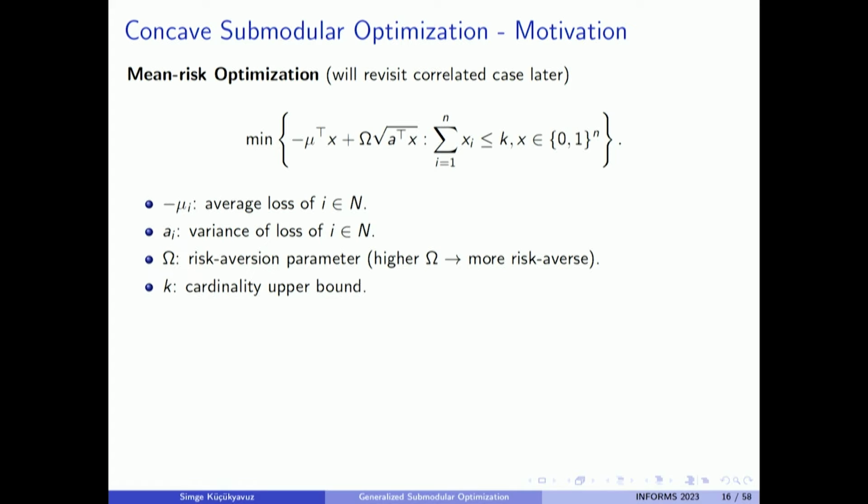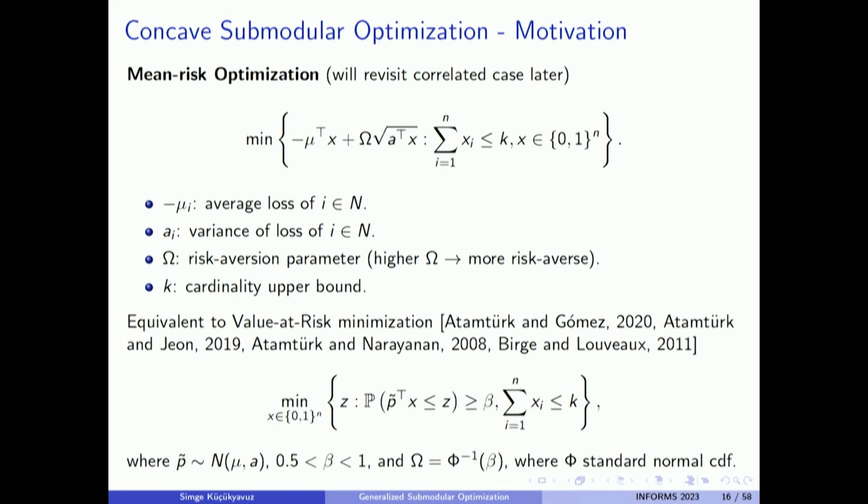We're minimizing average loss plus the risk. Here it's measured in terms of the standard deviation, so risk aversion parameter omega times the square root of a transpose x, that would be your standard deviation. Cardinality constraint, pick at most K, and the ai are the variances of each stock.